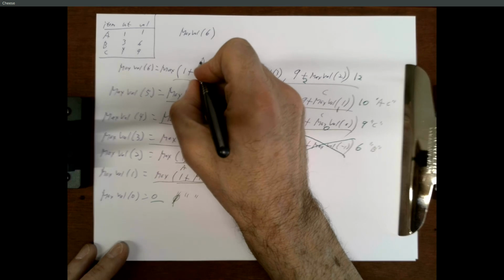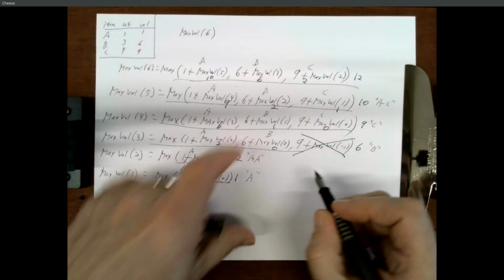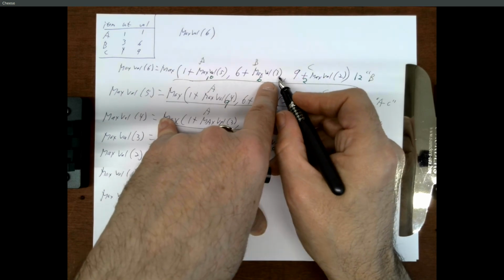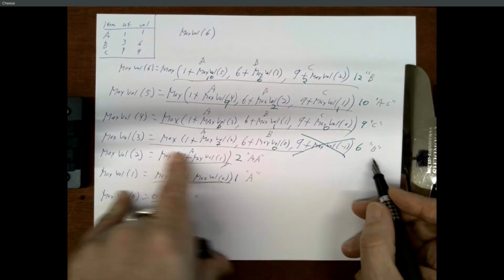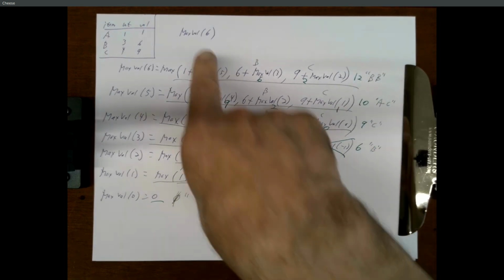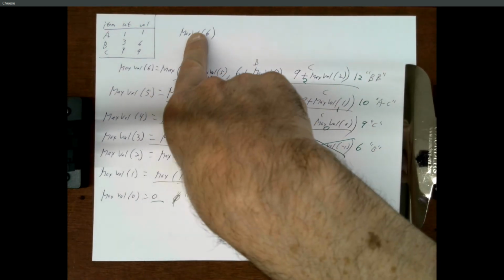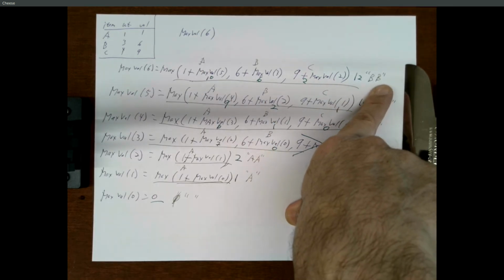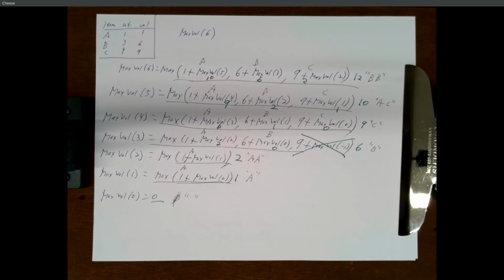And again, this is A, B, C. So the way we get the 12 is by putting in an item B, followed by whatever inventory results in max val of 3, which was just a B. And since that's what we were after, we have our final answer. The maximum value from a bag that holds 6 is $12, and we get there by putting in 2 of item B.